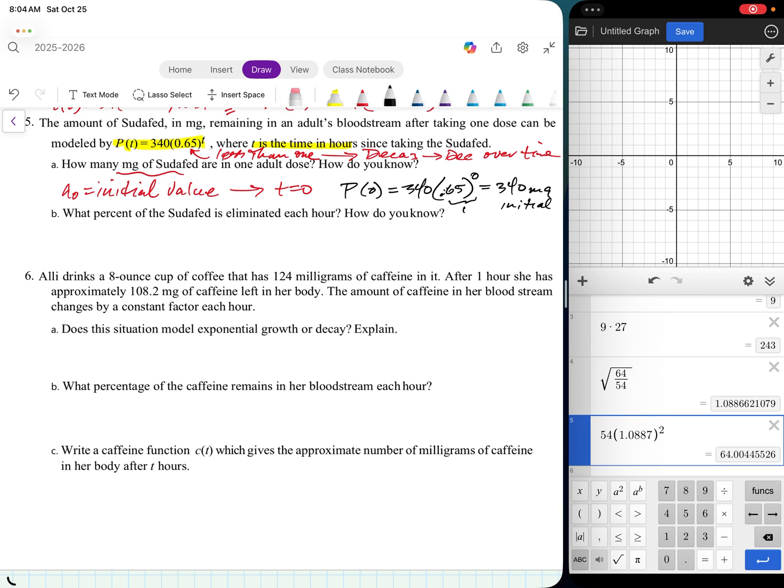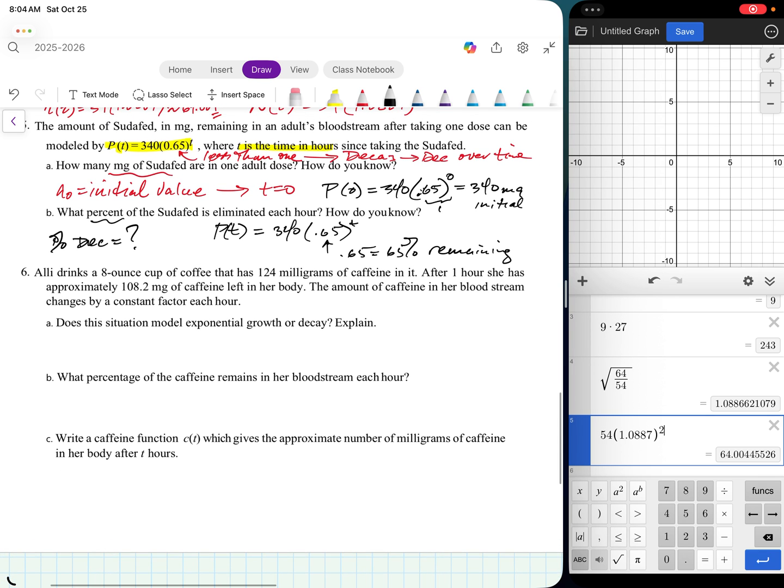Okay, what percent of the Sudafed is eliminated each decrease? So what is the percent decrease? If you look at the function here, P of t is equal to 340 times 0.65 to the t power. This ratio here means 65% remaining. We've done this before.